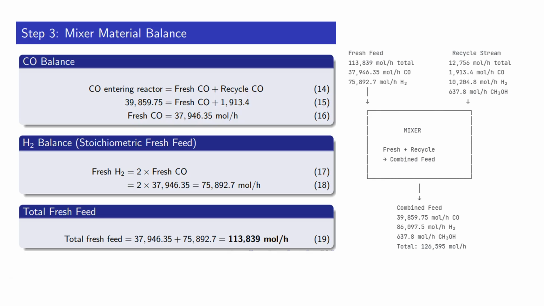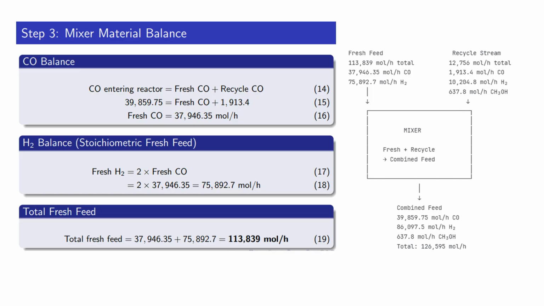So next is the mixing point material balance. The carbon monoxide entering the reactor must equal the carbon monoxide in the fresh feed plus carbon monoxide in the recycle stream. So carbon monoxide entering the reactor is equal to fresh carbon monoxide plus recycled carbon monoxide. We already know that carbon monoxide entering the reactor is 39,859.75.